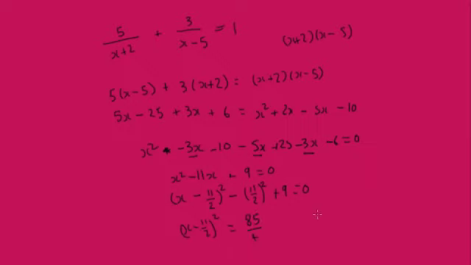Now we want to solve this, so this is where we square root the other side, so it's x minus 11 over 2. It's going to be plus or minus because we're taking the square root, and we can have a positive or a negative solution. Square root of 85 over 4. So x is going to be 11 over 2 plus or minus square root of 85 over 4.